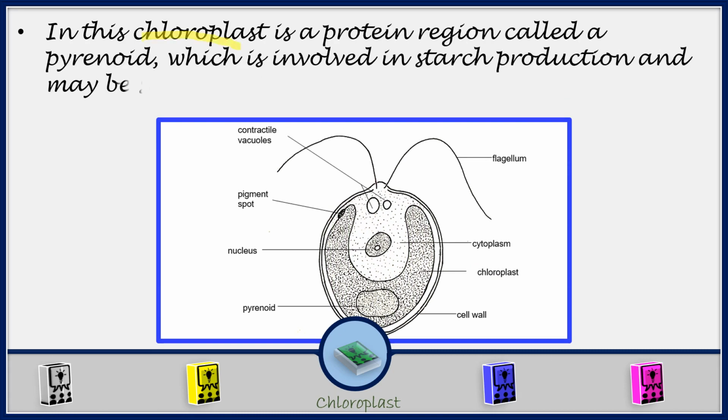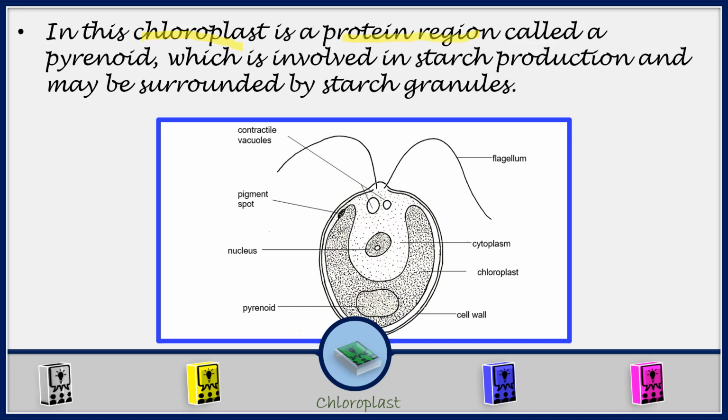In this chloroplast, there is a protein region which is called the pyrenoid, and this is involved in starch production and may be surrounded by starch granules. So in our chloroplast, in the middle there, we have the pyrenoid.